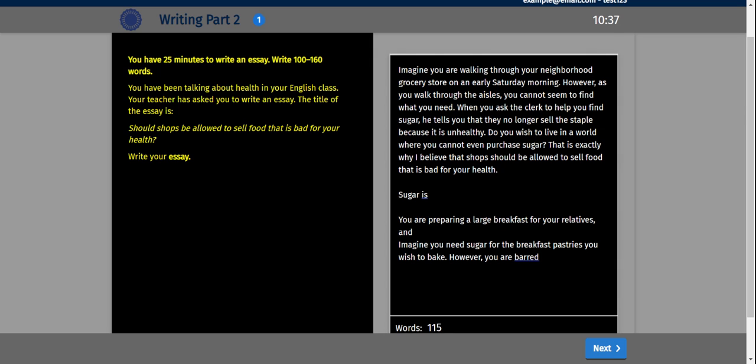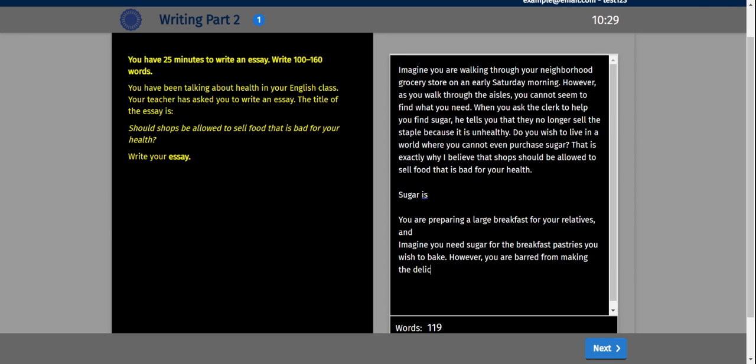However, you are barred because shops cannot sell food that is bad for your health.